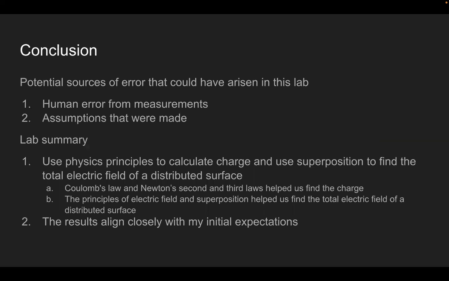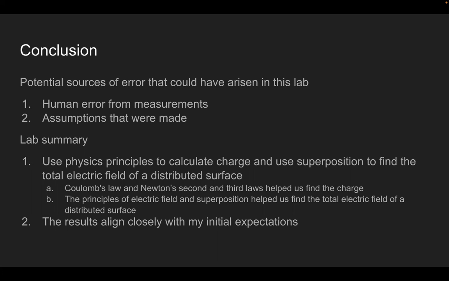And so in conclusion, well, okay, so I'll talk about the errors first. After doing this lab, there are basically two potential sources of error that could have arisen. The first is human error from taking the measurements, and the second is the assumptions that were made. And as a result, the lab summary and conclusion is that we were able to use the physics principles delineated in the first few slides to calculate the charge and use superposition to find the total electric field of a distributed surface.